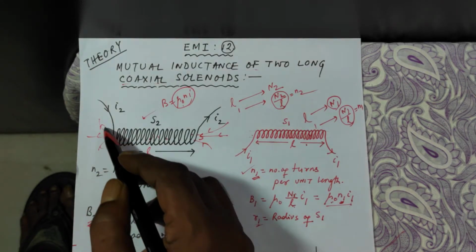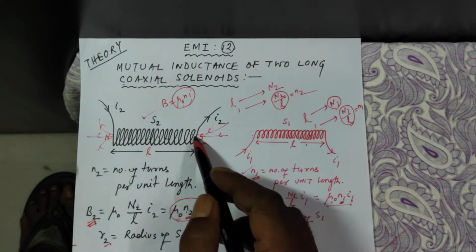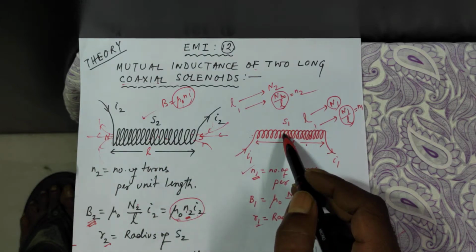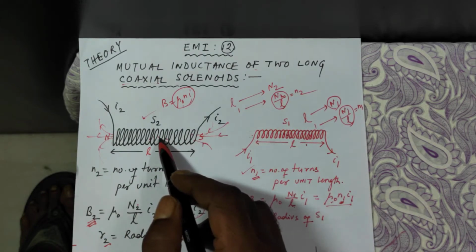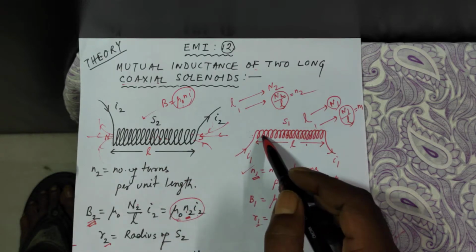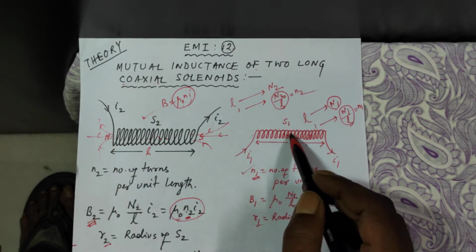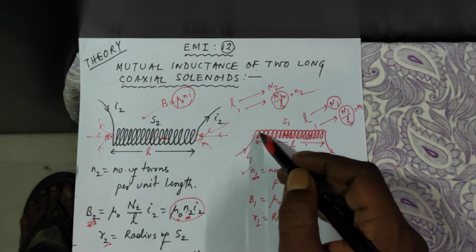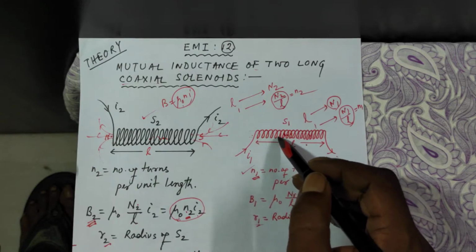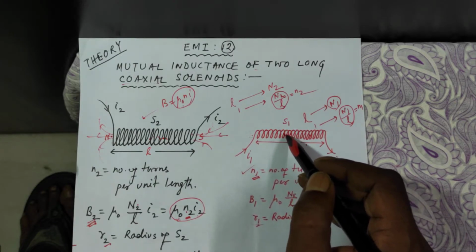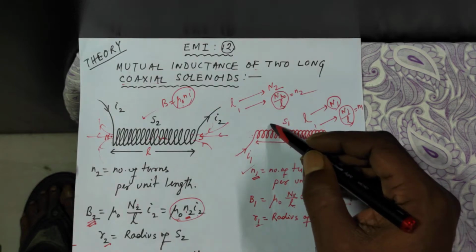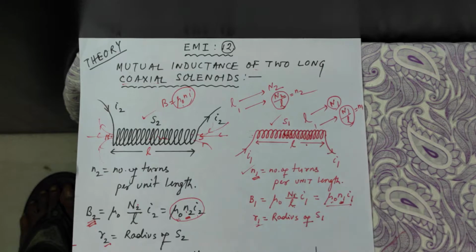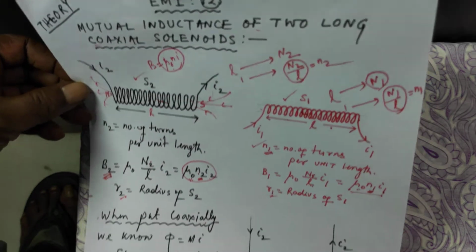So its magnetic lines of force, originating from north and passing through south like this, will also pass through S1 if it is inside. Means each turn will be associated with a flux. And if that flux changes, there will be an EMF developed across S1, due to which current will be induced, right? So that is what we are going to study now.